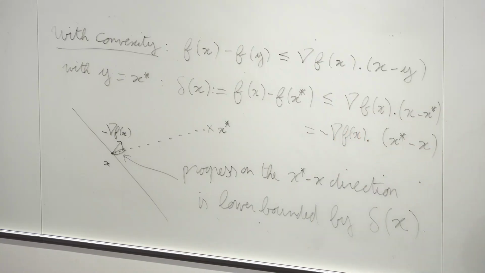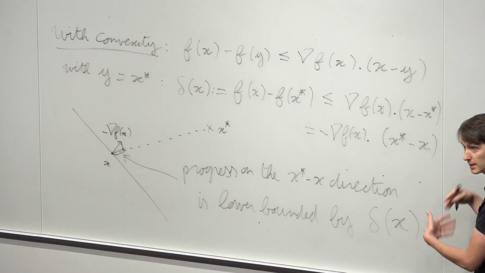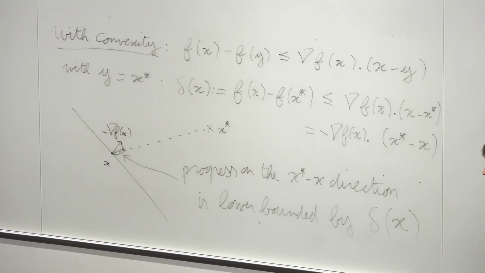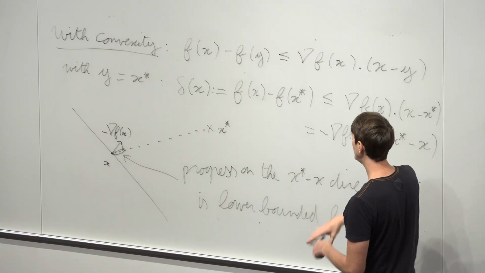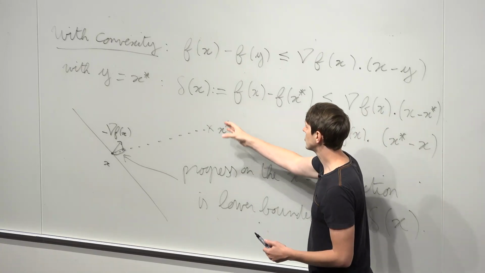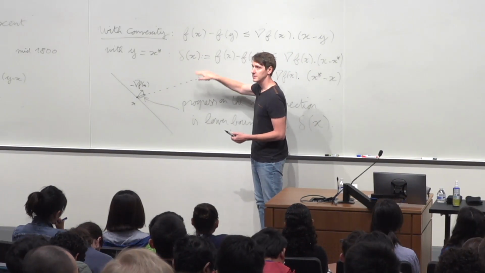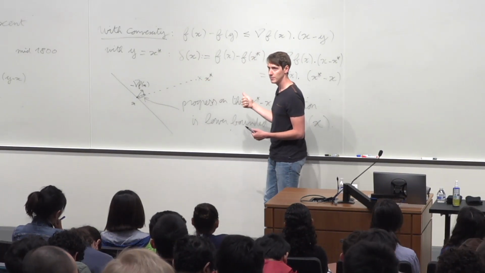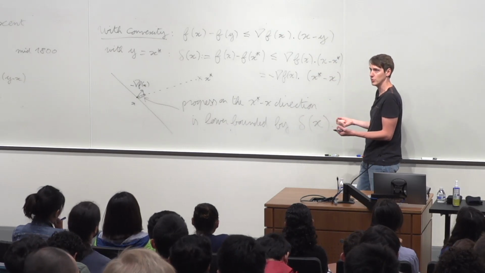Now I'm going to show you in just a couple of lines that this immediately gives you a rate of convergence. It tells you how fast you're going to converge to the optimum. Kind of makes sense because you're relating your distance to your suboptimality gap. If this was big, then I'm making a lot of progress. So the only way for me to slow down is if I'm getting pretty good.